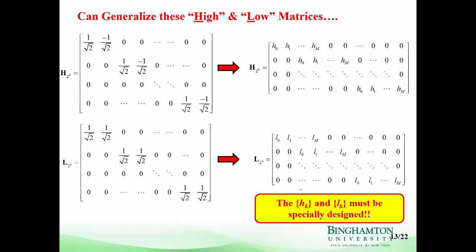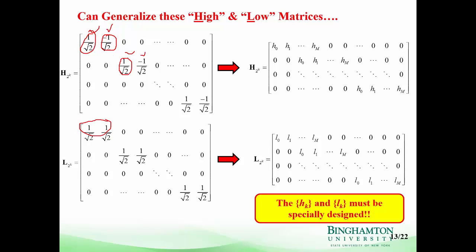So we've been looking at some specialized matrices here, where we started with the 1 and the -1 and the 1 and the -1, and we've got 1 and 1, and the square roots of 2 are just normalizing things. We can generalize this. And in fact, in the general application of wavelets to JPEG 2000, we do use these more generalized ones. So we can think of this as H sub 0 and H sub 1, and then we'll just shift those over.